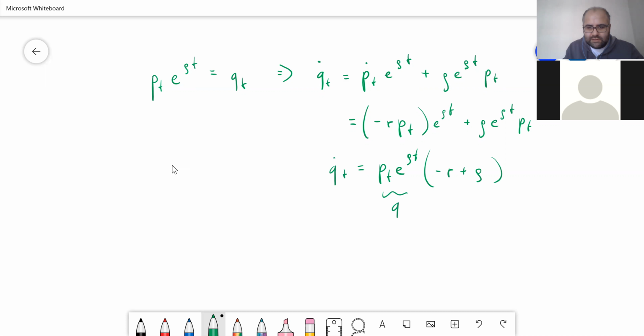Now careful, this itself is defined as q(t). So q dot t divided by q(t) is equal to rho minus r. So q(t) is equal to q0 e to the (rho minus r) t, right?